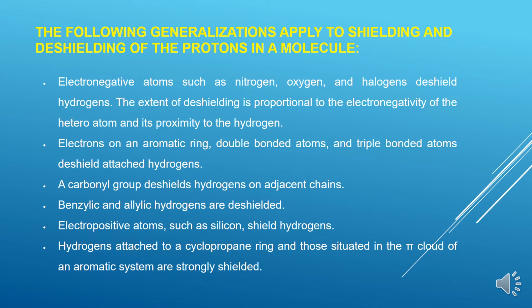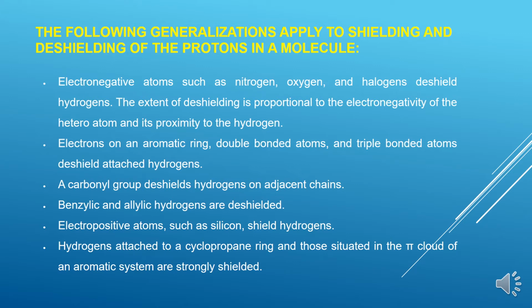The following generalizations are applied to the shielding and deshielding of protons in molecules. First, electronegative atoms such as nitrogen, oxygen, and halogens deshield the hydrogens. The extent of deshielding is proportional to the electronegativity of the heteroatoms.